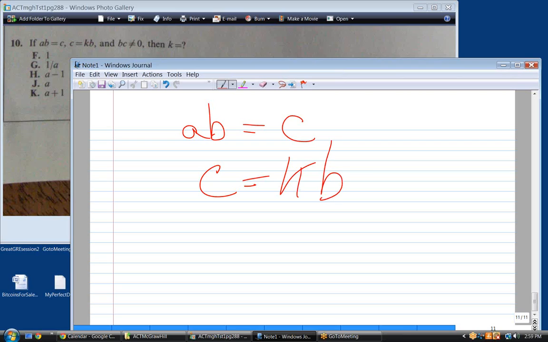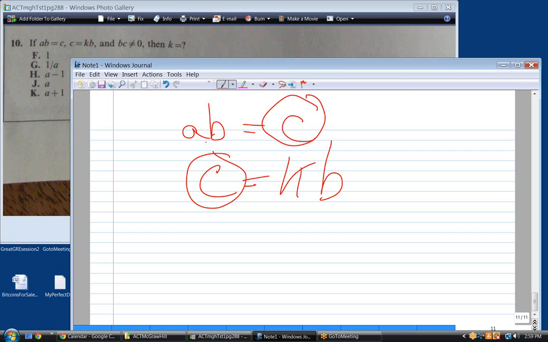So they want us to solve for K. How would you do this? Well, there's a very important thing to notice here. This C is the same as this C. Otherwise, they wouldn't use the same letter.